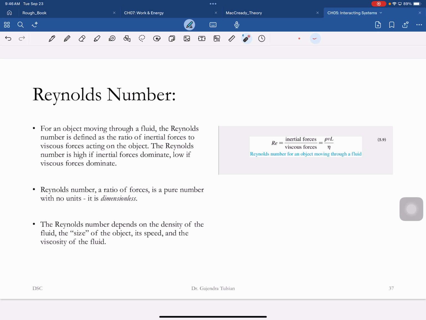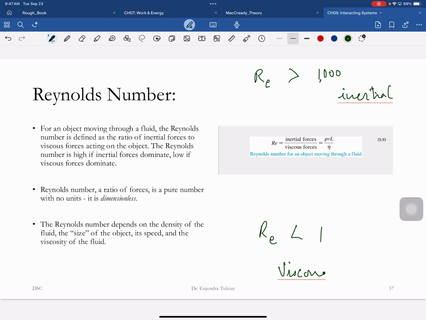All right, so we will talk of two regimes. We'll talk of Reynolds numbers bigger than 1,000, so only inertial forces are significant. And we'll talk about Reynolds numbers that are less than 1, and so viscous forces are significant here.